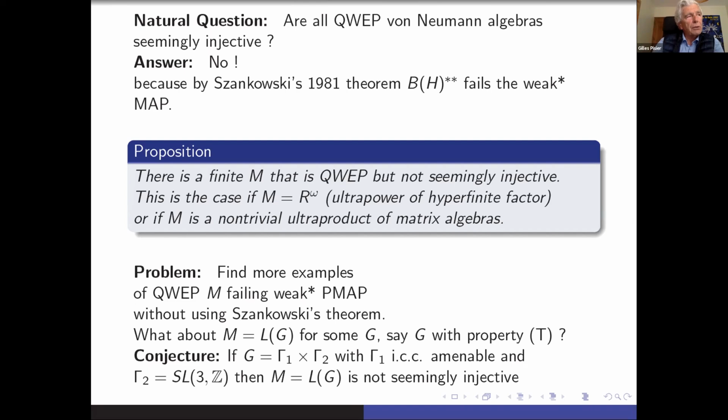It's too complicated a way to answer the question, and so obviously the question that I'm asking after that is to find more examples of QWEP von Neumann algebras failing the weak star positive metric approximation property. Since it's metric here, it should be easier to actually answer without using Szankowski's theorem.